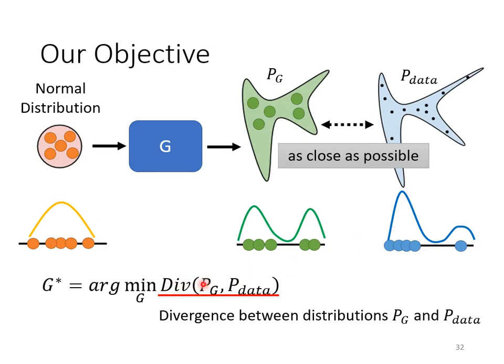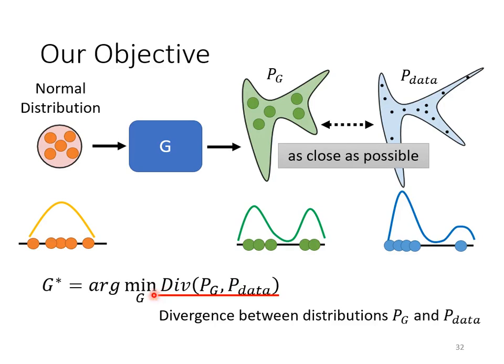Divergence of PG and P data means the divergence between PG and P data. What does divergence mean? You can regard it as a certain distance between these two distributions. If this divergence is large, it means that these two distributions are not similar. On the other hand, if the divergence is small, it means that the two distributions are close. Divergence is the measure of the similarity between two distributions.